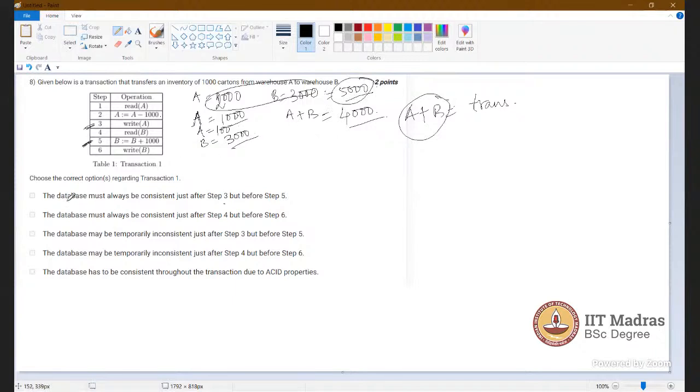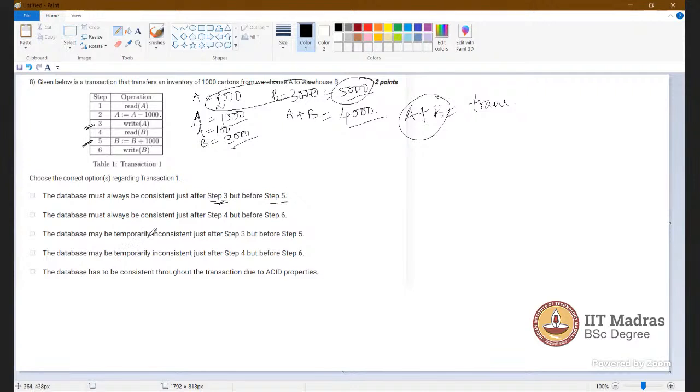So you cannot say the database must always be consistent just after step 3 and step 5. So it is maybe: it is possible to be consistent and may not be. You get the point? Okay, sir.